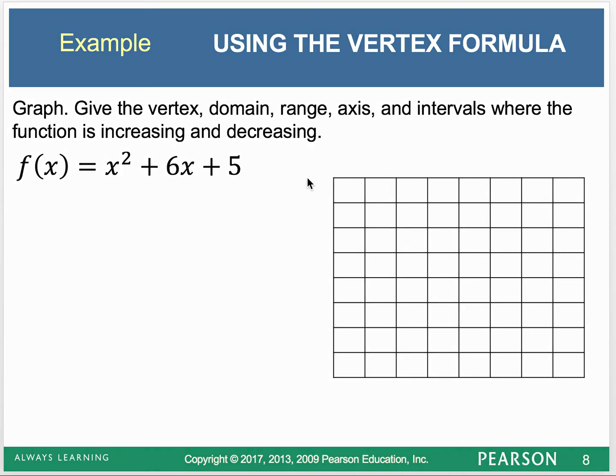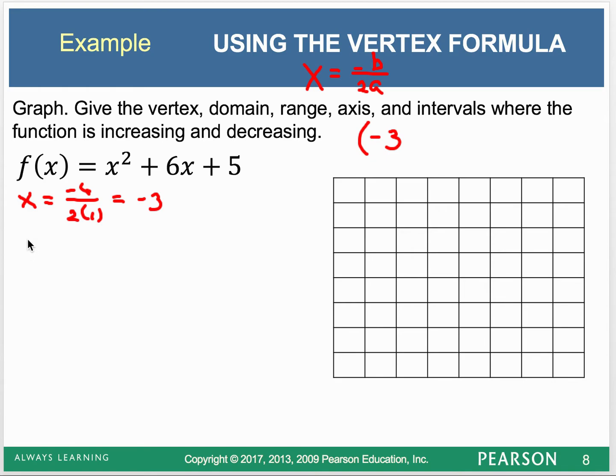Okay. So let's do those steps again and see how it comes out. First thing I want to do is find my vertex. The vertex is at -b over 2a. I've got to memorize that formula, right? -b over 2a. Don't forget that. So -6 over 2 times 1 is -3. Okay, so the x-coordinate of my vertex is -3.